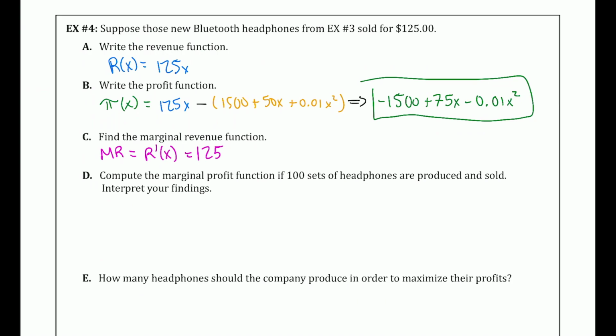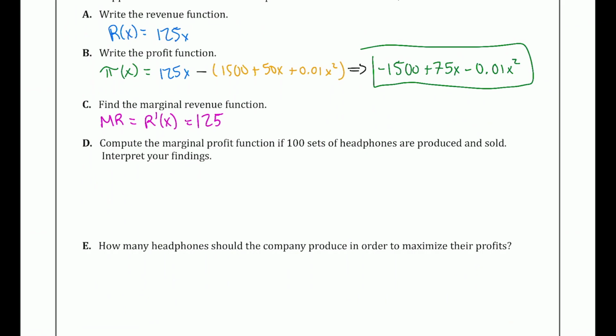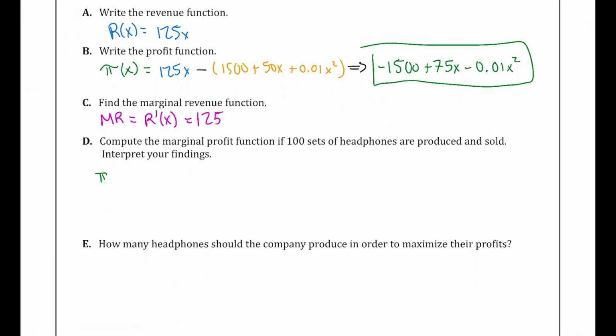Now, with this information, let's compute the marginal profit function if 100 sets of headphones are produced and sold. Interpret your findings. So if we want to find the marginal profit, well, we have our profit function here of pi of X. We want to find pi prime of X. So remember, we're taking the derivative of this function up here. I'm double boxing this up here. That is what I want to take a derivative of.